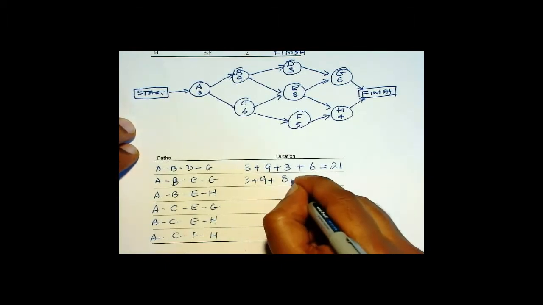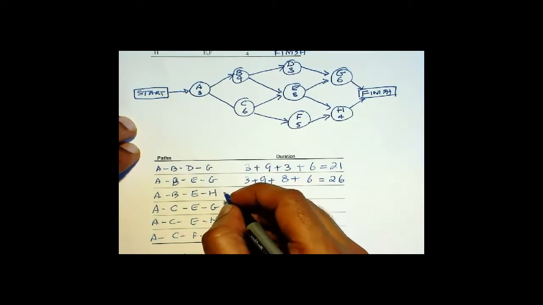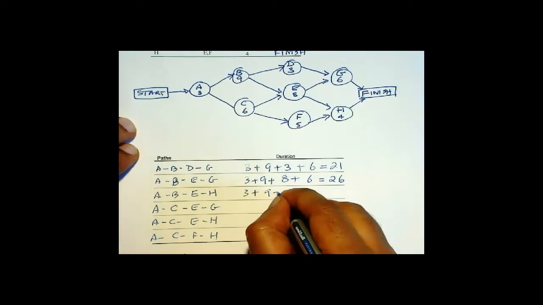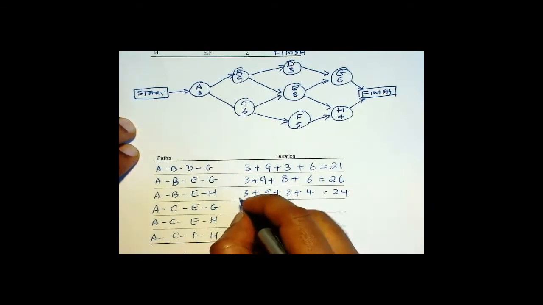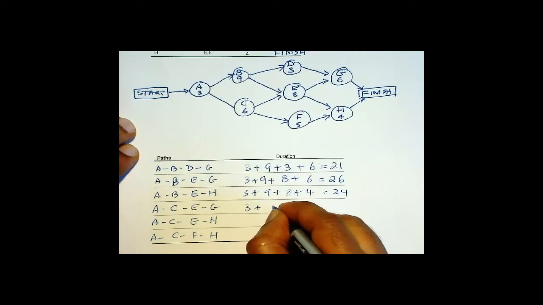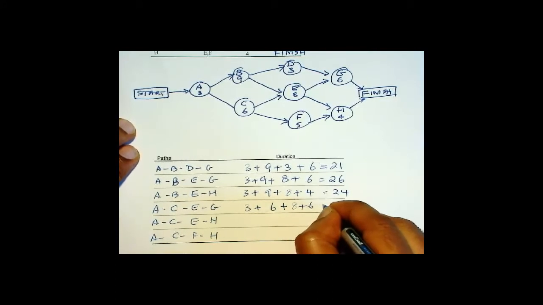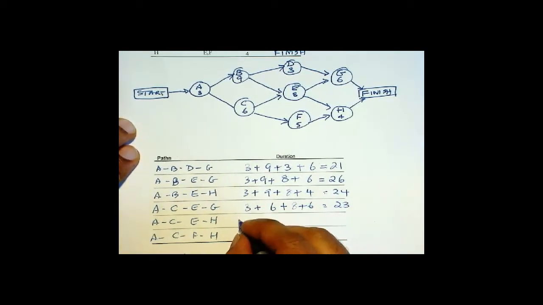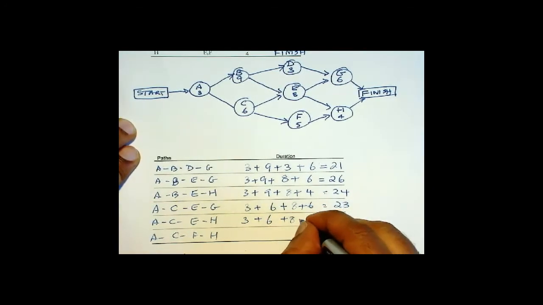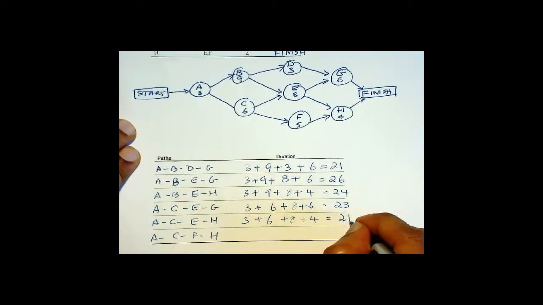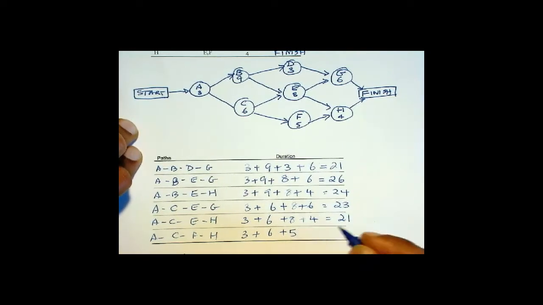And then 3 plus 9 plus 8 plus 4 equal to 24. 3 plus 6 plus 8 plus 6 equal to 23. 3 plus 6 plus 8 plus 4 equal to 21. 3 plus 6 plus 5 plus 4 equal to 18.